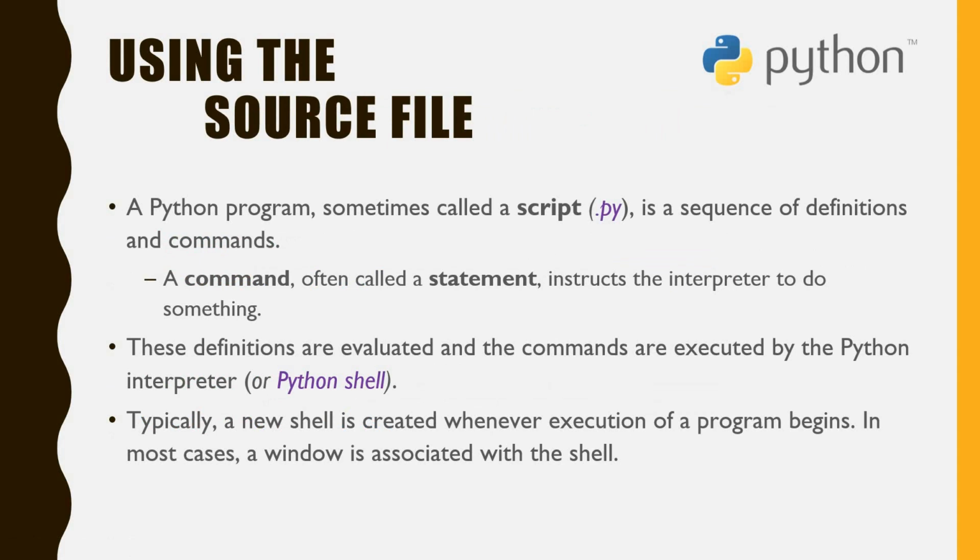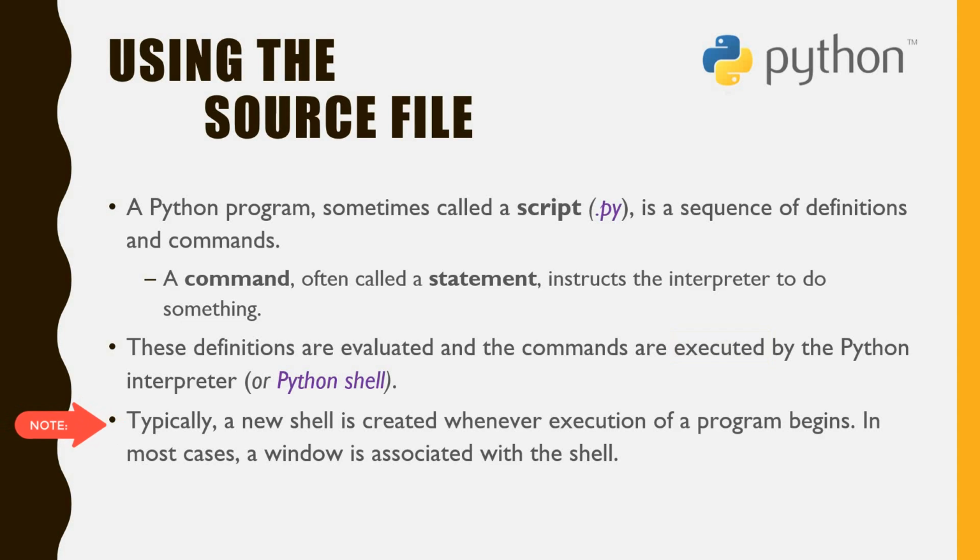The second way of running your Python code is to write your own Python program. A Python program, sometimes called a script, with an extension .py, is a sequence of definitions and commands. A command, which we often call a statement in terms of a Python program, instructs the interpreter to do something. These definitions are evaluated and the commands are executed by the Python interpreter, or we can call it the Python shell.